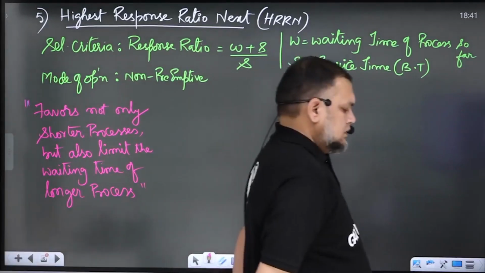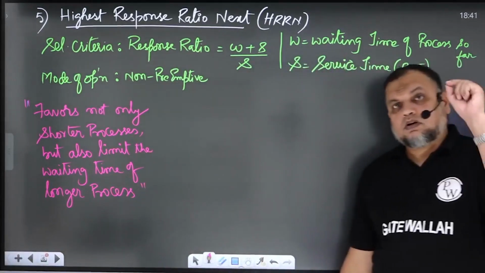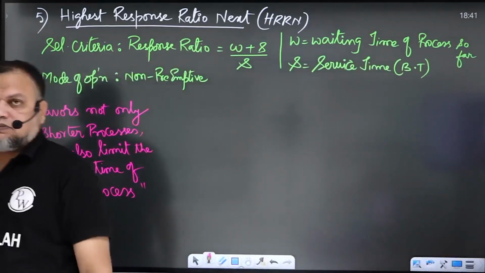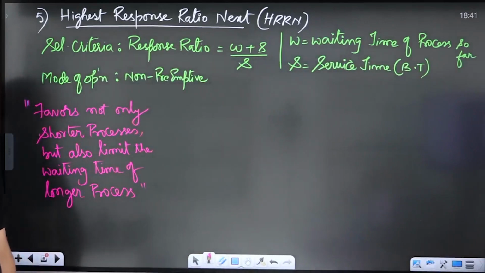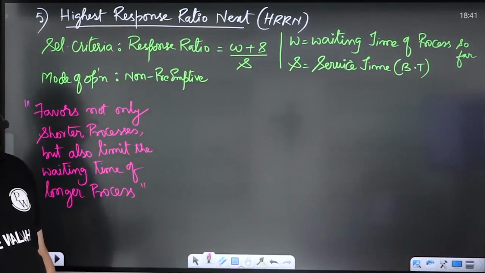Look at that. The basic ideology of HRRN is that it favors not only shorter processes but also bounds the waiting time of longer processes, because shortest job first inherently will have starvation for longer jobs. So I don't want longer jobs to wait quite a long time.